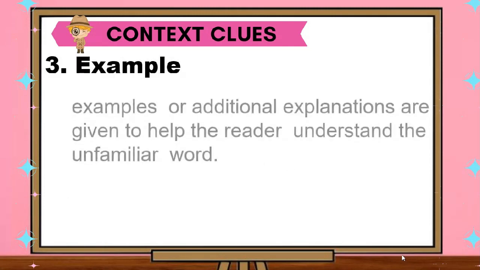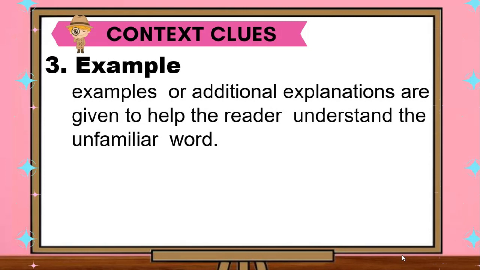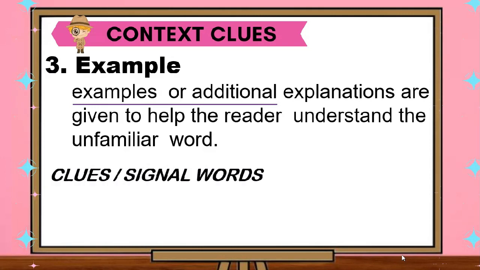The third type of context clue is example. In this type of context clue, examples or additional explanations are given to help the readers understand the unfamiliar word. Sometimes, when a reader finds a new word, an example might be found nearby that helps to explain its meaning.